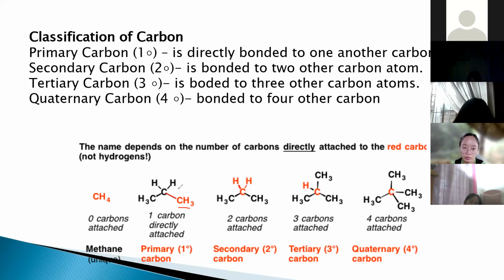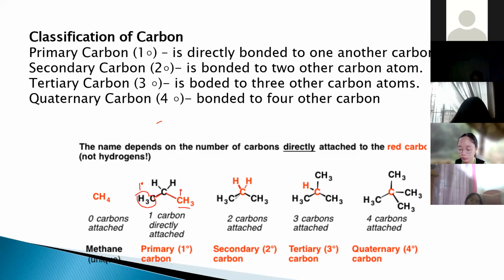Actually, itong dito sa kabila, this CH3 here or this carbon here is also considered a primary carbon. Why? Kasi isa lang din naman yung attachment niya na carbon. Ito lang nasa gitna. Wala namang bonding between them. So both of them are considered as primary carbons.